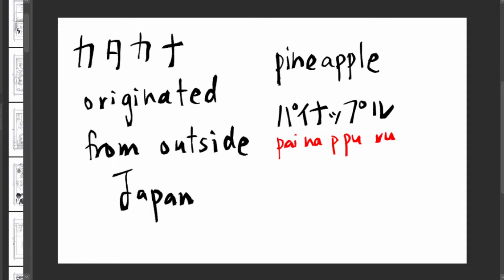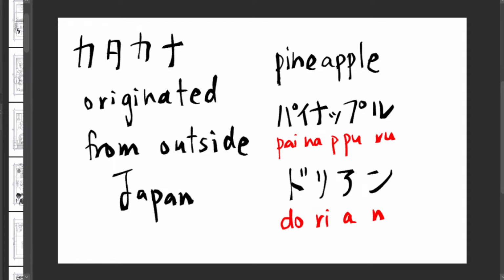Another fruit that still now they don't have in Japan is durians. I don't know if you know durians, but in Malaysia, back in my country, durian is the king of all fruits. In Japanese, when you want to say durian, it is dorian. Okay, dorian.